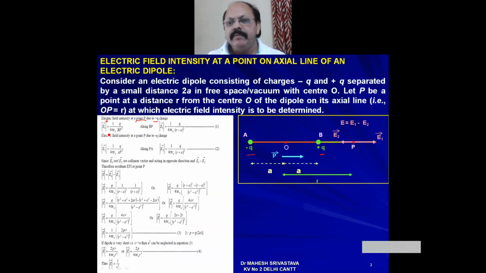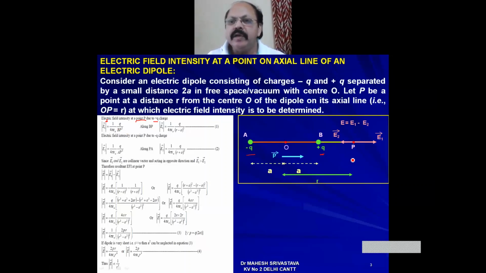Either you write |E1| or E1, because we are calculating magnitude, equal to 1 upon 4 pi epsilon naught Q upon BP square. BP is the distance of plus Q charge from point P. Then you see here this BP distance is r minus a.